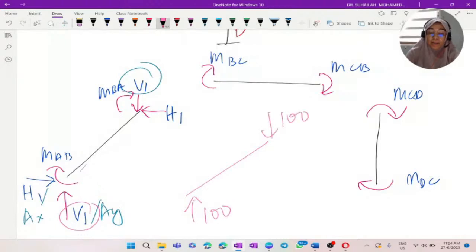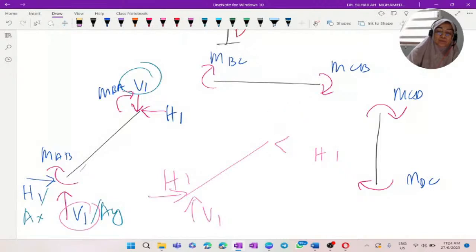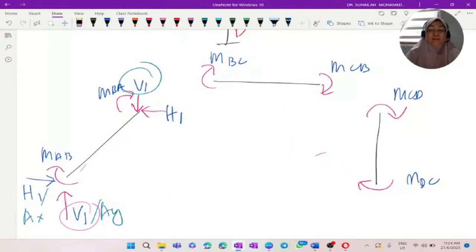That is why if this is V1, this one is also V1. If this is H1, this is H1 as well. So we just need to understand the internal forces in the frame.